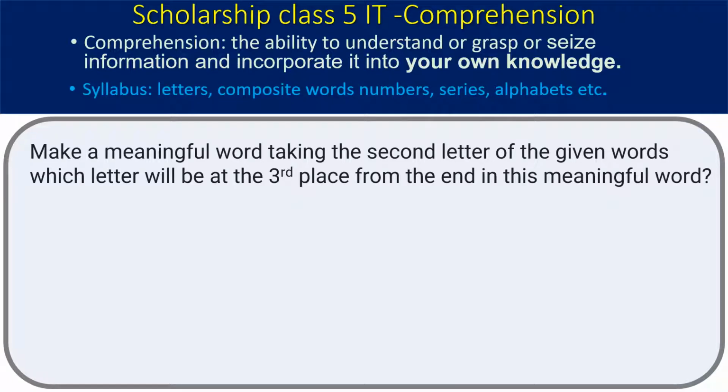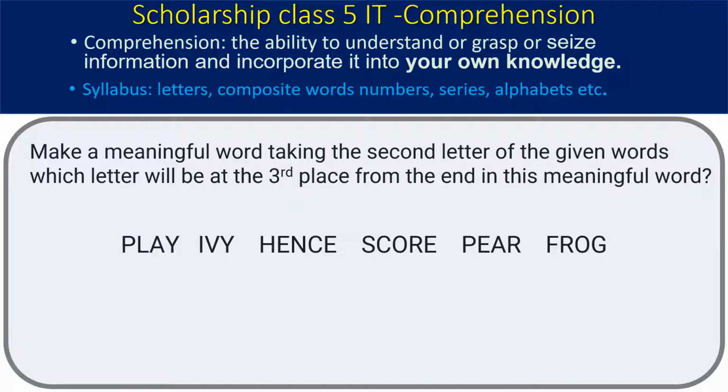Make a meaningful word taking the second letter of the given words. Which letter will be at the third place from the end of this meaningful word? These are the given words. We have to take the second letter, this one. You can write this in your rough space.